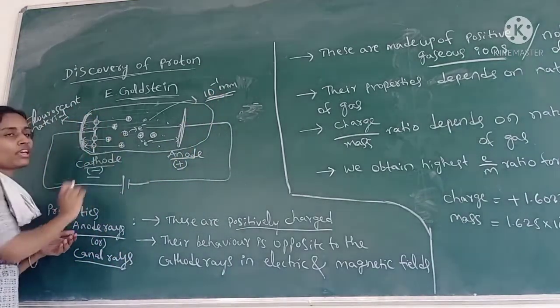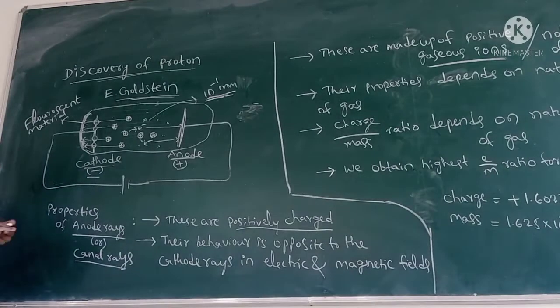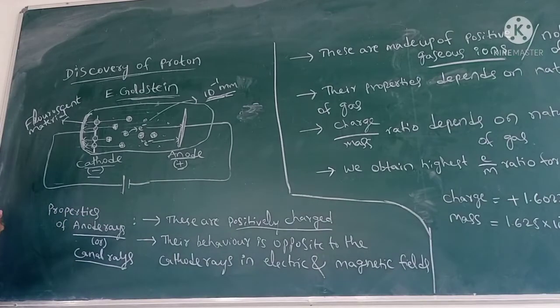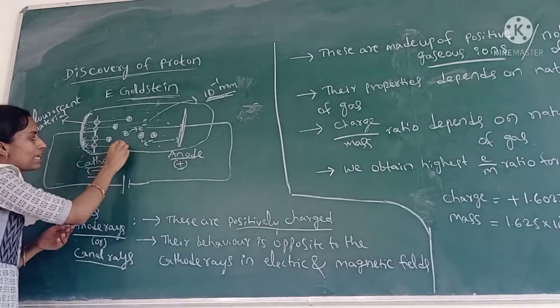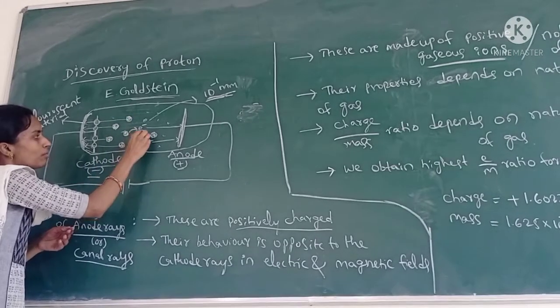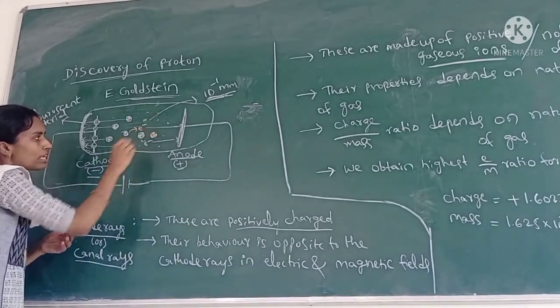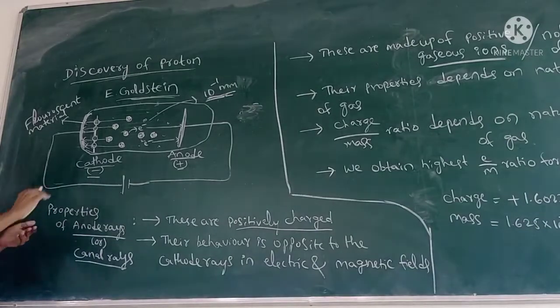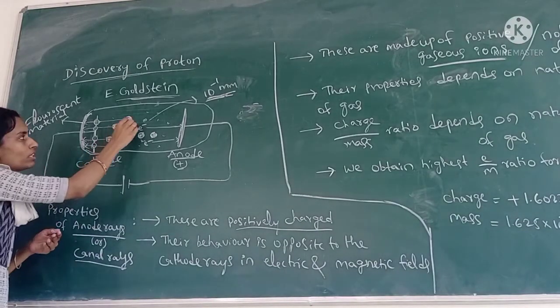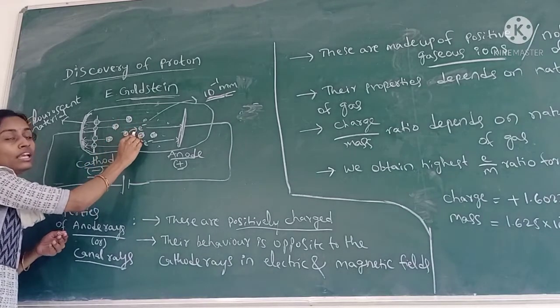Pressure being present means there is a gas inside the tube. These gas molecules are there inside the tube. When we pass the electric current, this gas will lose electrons.